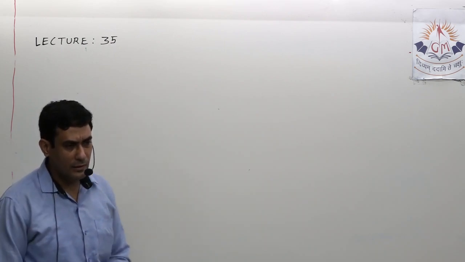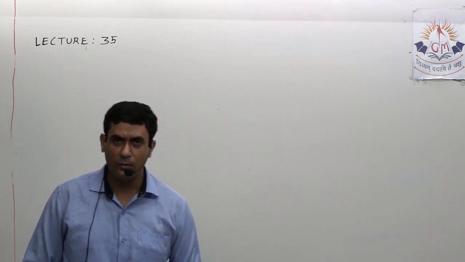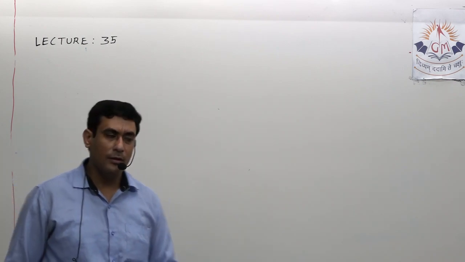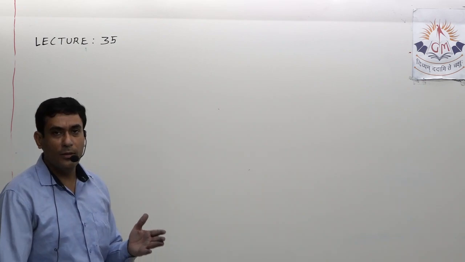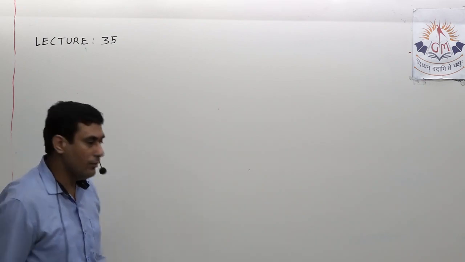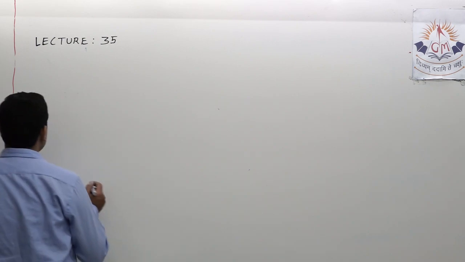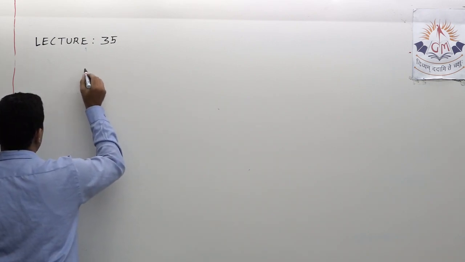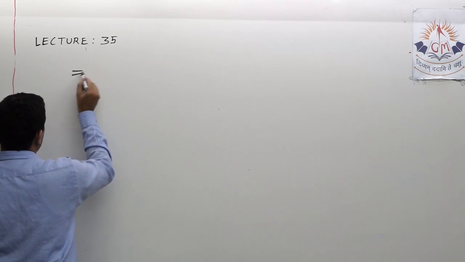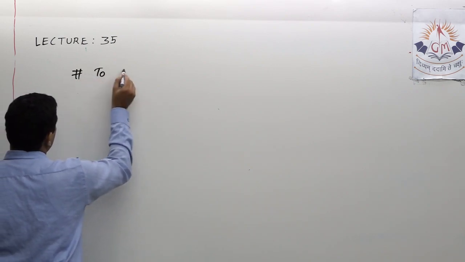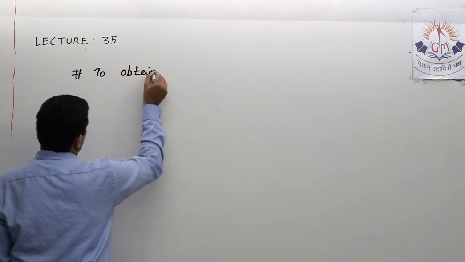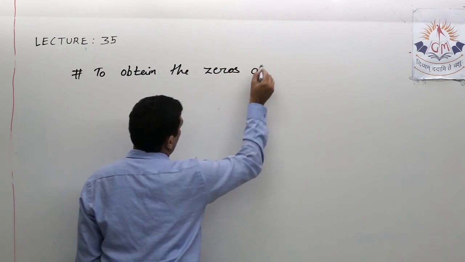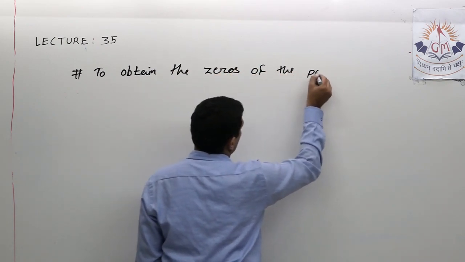Okay. Now we already saw the classification of polynomials. Over there we saw linear polynomial as well as quadratic, then cubic, biquadratic. So if the given polynomial is linear, then how do we obtain its 0? We will start from this. Suppose the heading is: to obtain the zeros of the polynomials.